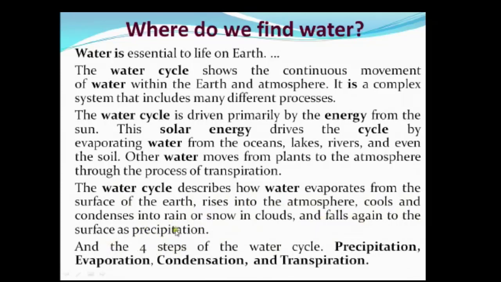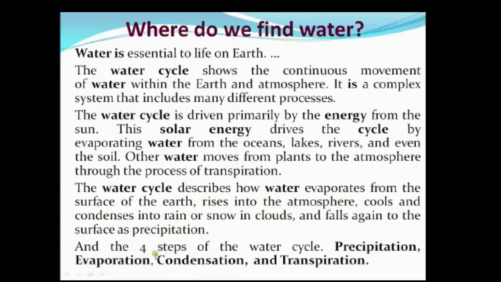Here we are going to talk about precipitation. How does it happen? The water cycle describes the different steps: there is condensation, there is evaporation, and finally we get water on the surface by precipitation.